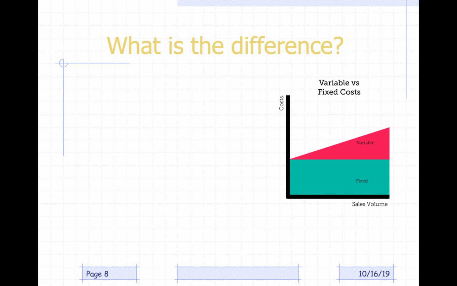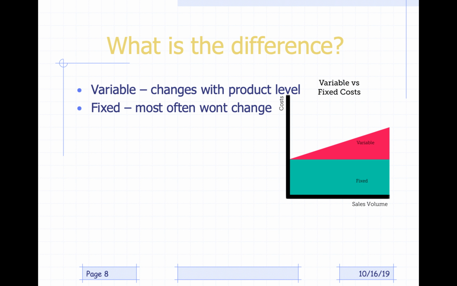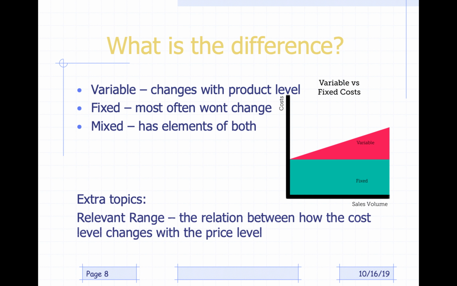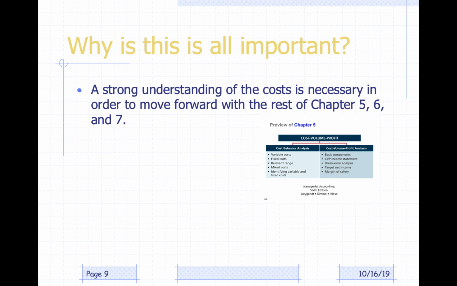To rehash and summarize everything we just went over: we went over variable costs first, which change with the product level. Fixed costs most often won't change. Mixed has elements of both. And then the extra topic we covered was relevant range, which was the curvilinear or the linear price modeling. Why is this all important?